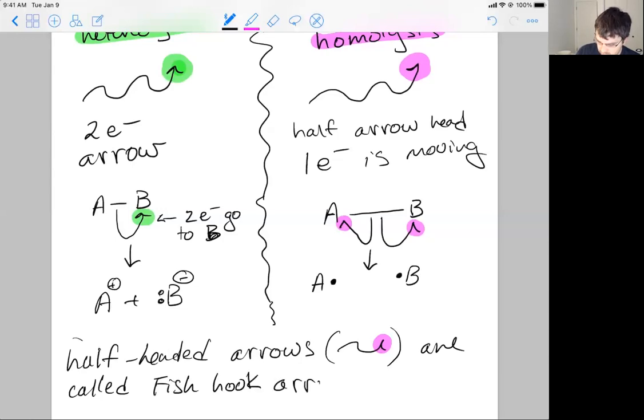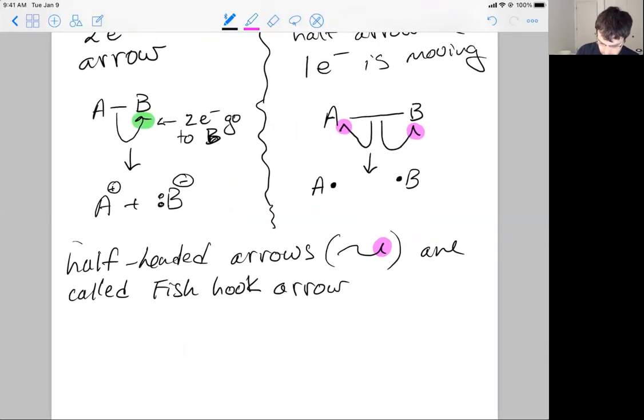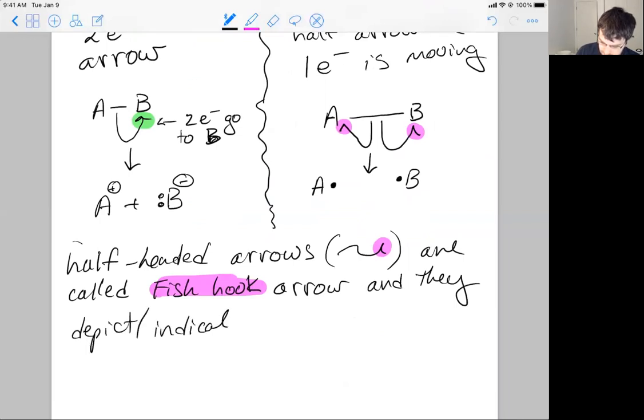And if you look, they kind of look like the end of an old school fish hook, you know, without a fancy lure and that sort of thing. And so these are fish hook arrows, and they indicate the movement of 1 electron.